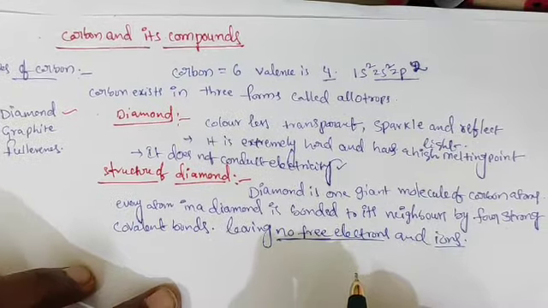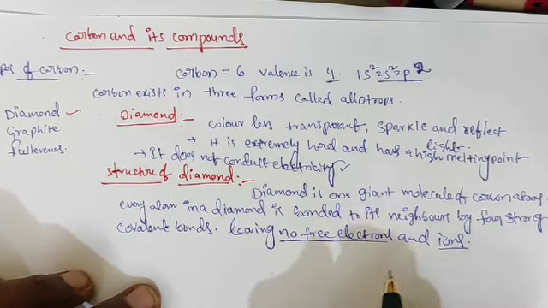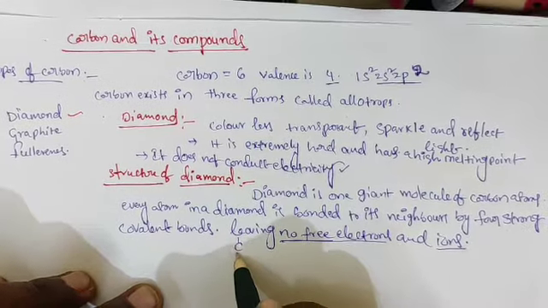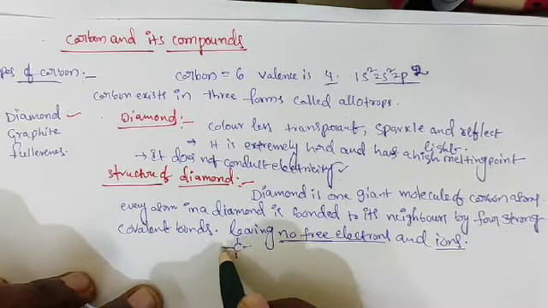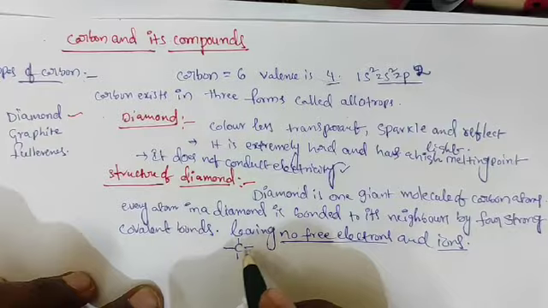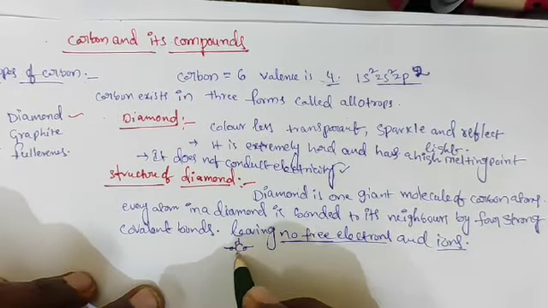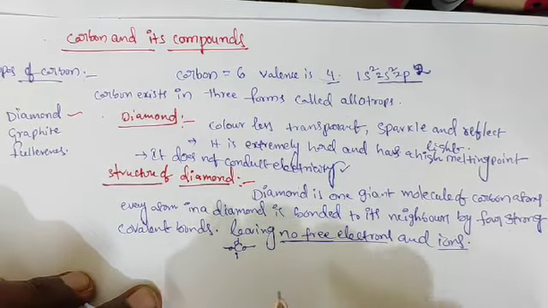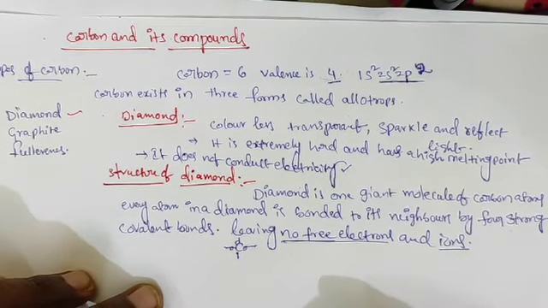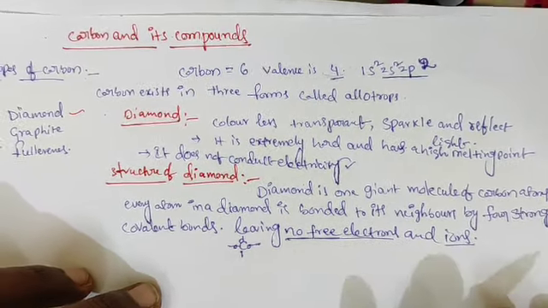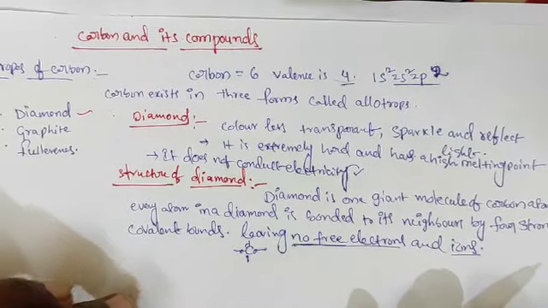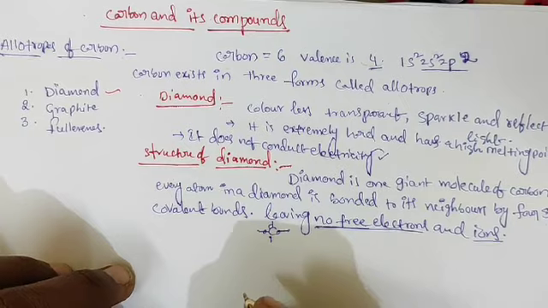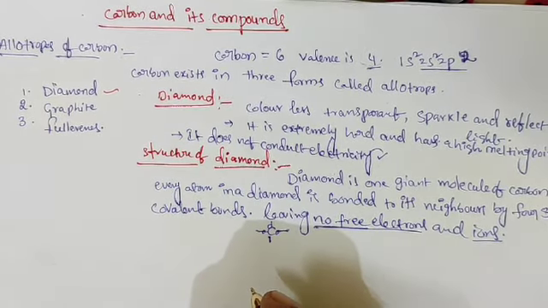All the carbon atoms are bonded with 4 valence electrons to 4 other carbon atoms, so there are no free ions, so it cannot conduct electricity.